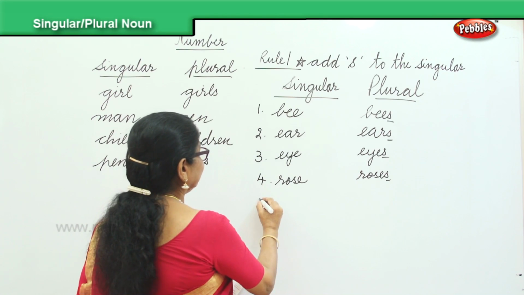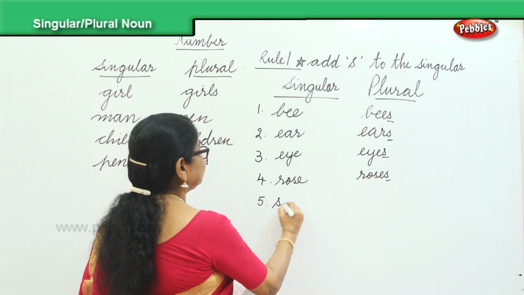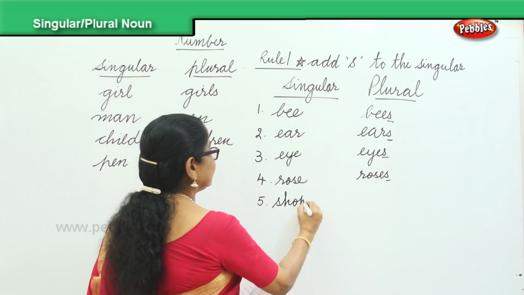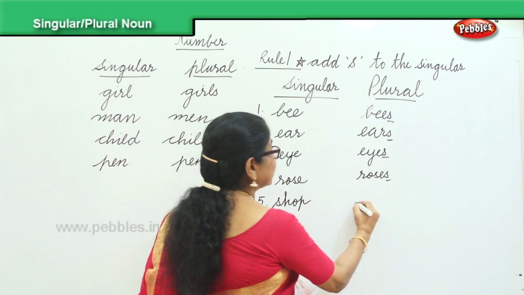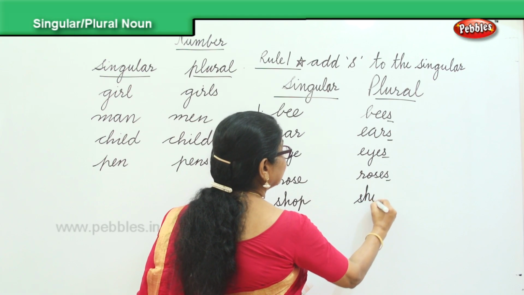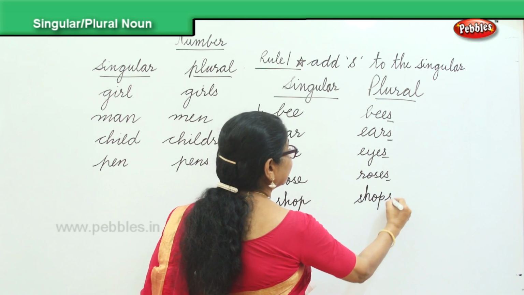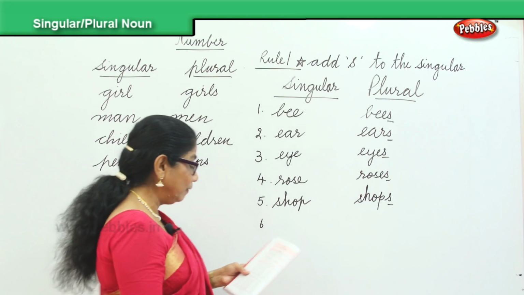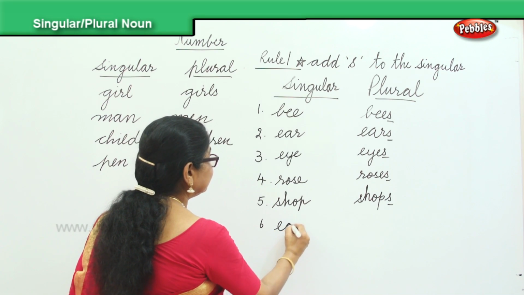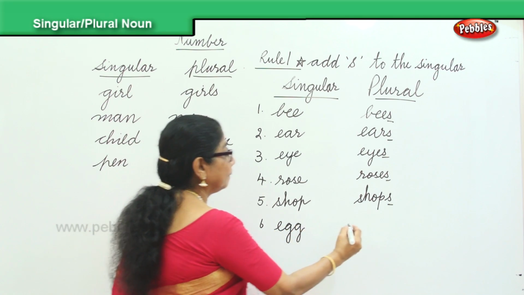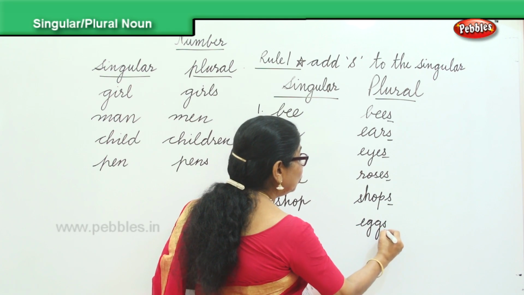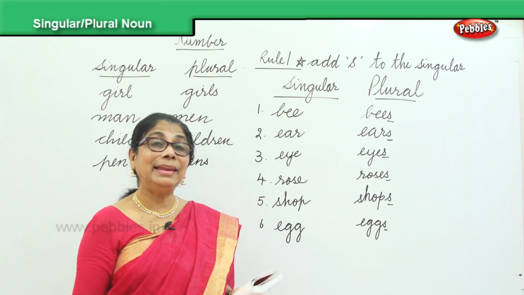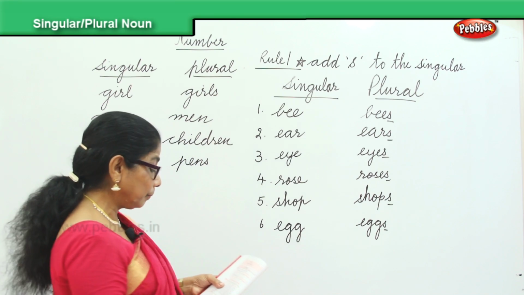Then, shop. What will be the plural? Add s, shops. Then we have egg. Egg, eggs. All plurals are formed by adding s to the singular.